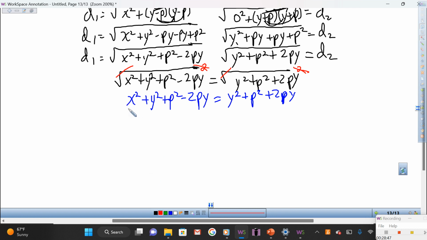So look at the left side, look up. What do we need to get rid of? The y squared, the p squared, the negative 2py, so that means I subtract y squared, subtract p squared, and add 2py to leave the x by itself right there. But whatever I do to one side, I do to the other side.